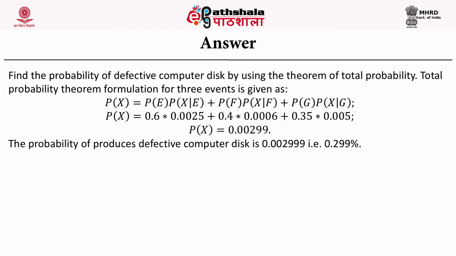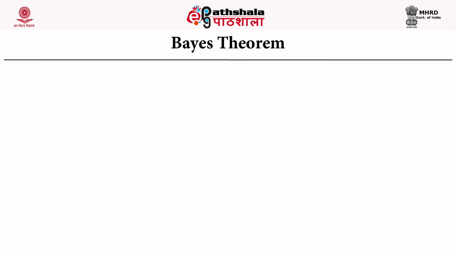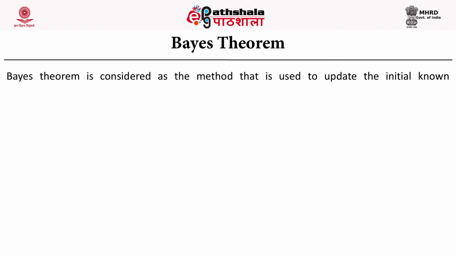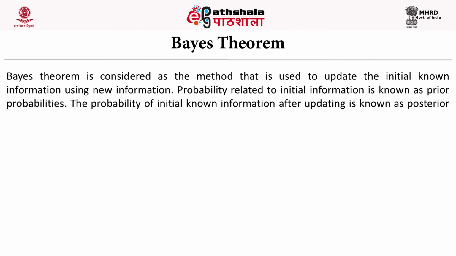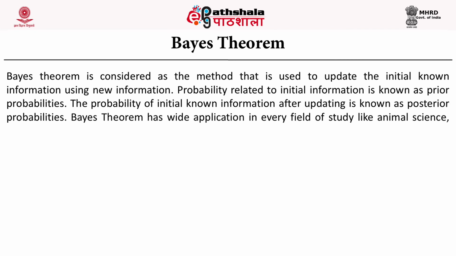Now coming to the most important theorem, that is Bayes theorem, and this is the main topic here. Before that, we discussed the total probability theorem, which is required to understand the Bayes theorem. Bayes theorem is a method used to update the initial knowledge using new information.